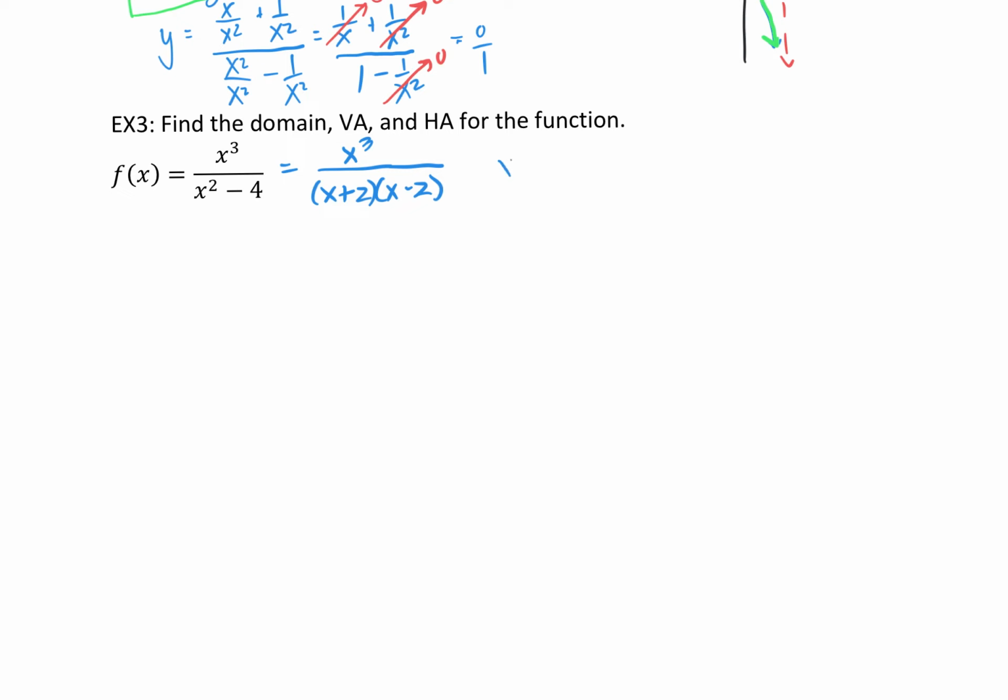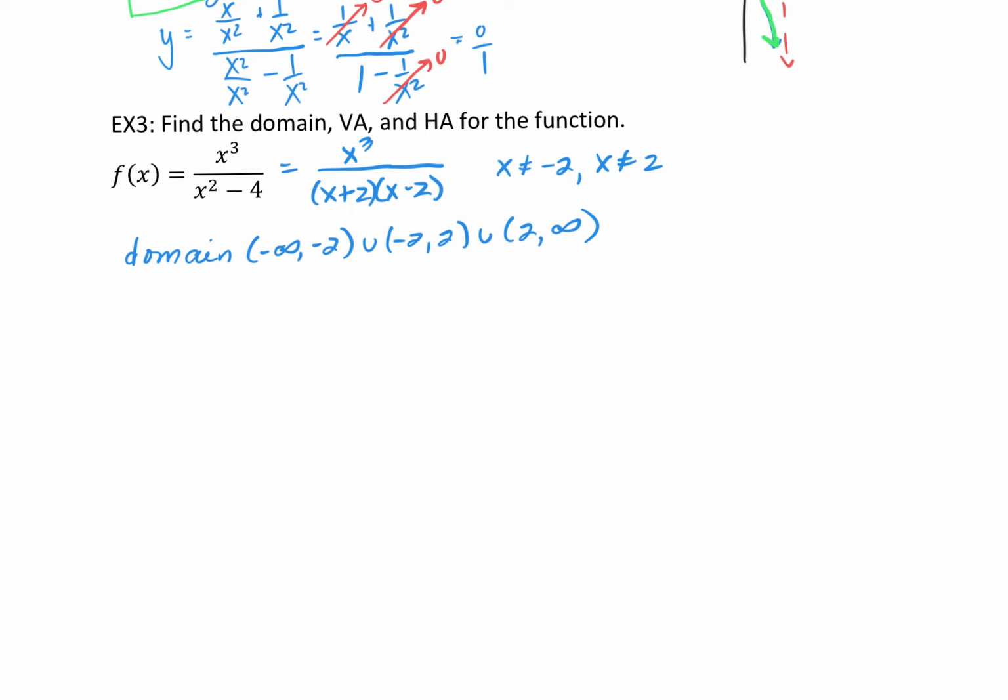But I do notice that x cannot be equal to -2, x cannot be equal to +2, or else I'll get 0 in my denominator. And again, that gives me my domain, which would be -infinity to -2, union -2 to +2, union 2 to +infinity.